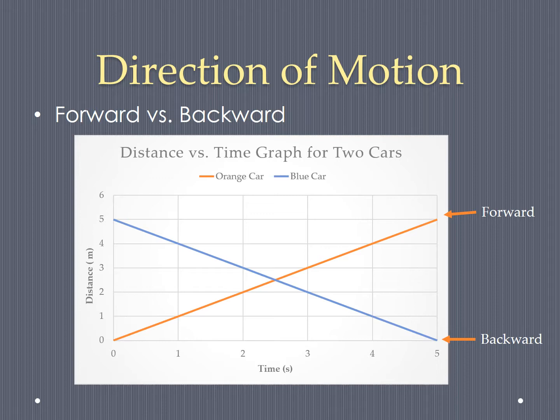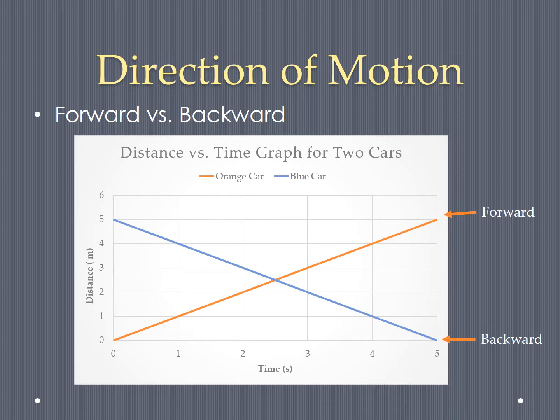So this is where the orange car is starting out. If you put your finger on that line, and as time clicks along, so after 1 second, 2 seconds, 3 seconds, the distance from its original spot, from 0, is increasing in the positive direction. So this car is moving forward with respect to where we have 0.